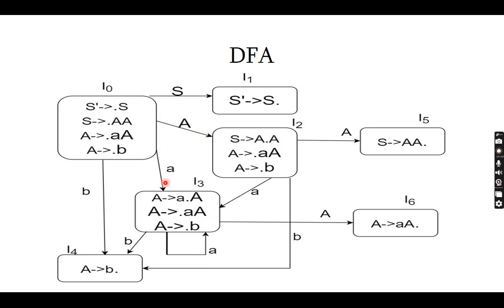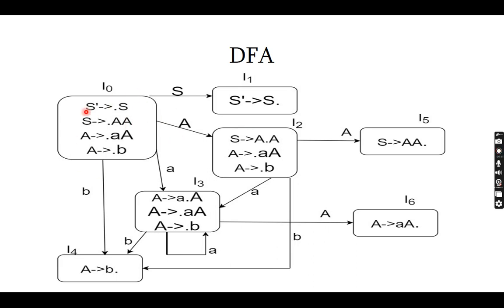For example, here it is in the second position, here in the first position, and here in the last position. A dot at any position in the RHS is called an LR0 item. I will explain the LR1 item when I discuss CLR and LALR in subsequent videos. For now, please understand the LR0 item.